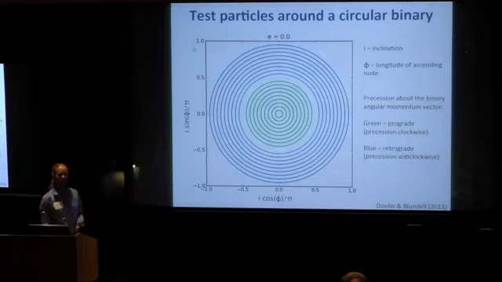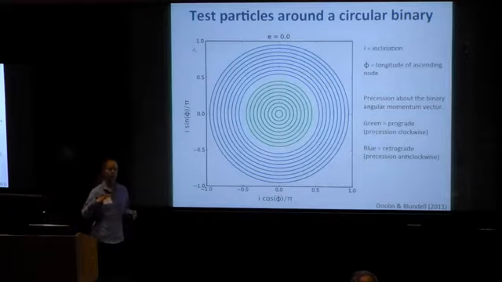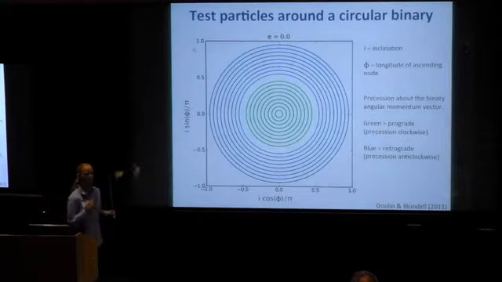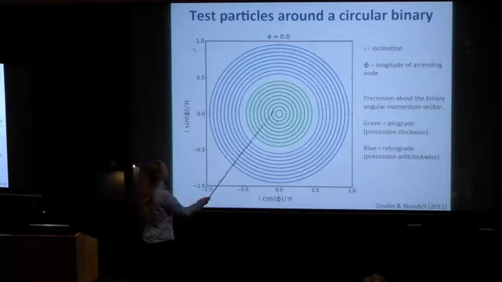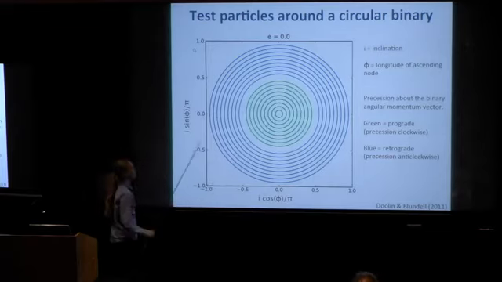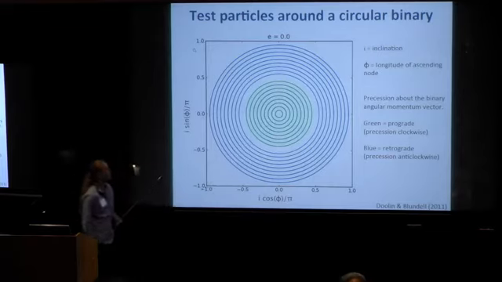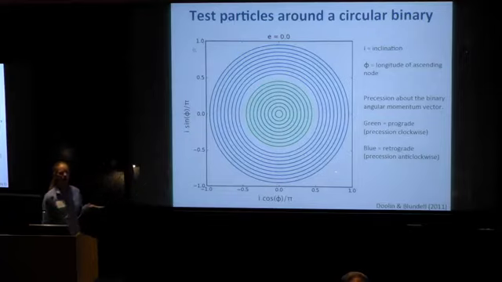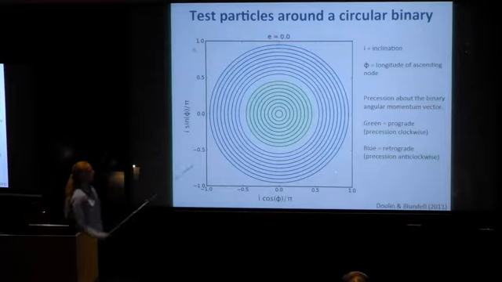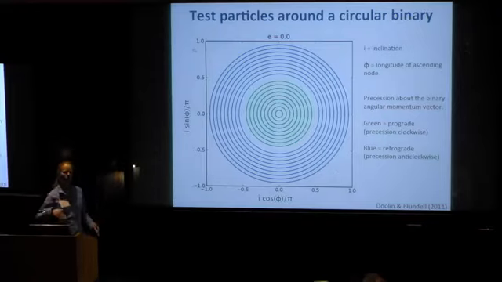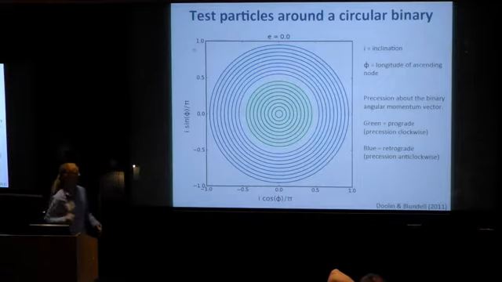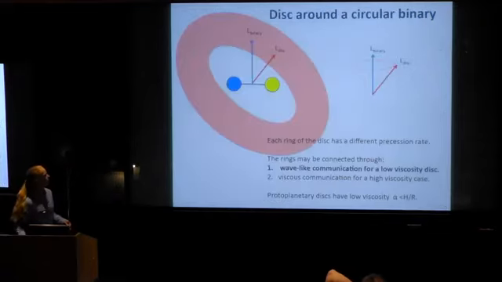For this circular binary, the test particles simply precess with the same inclination. So constant inclination leads to just a circle in this diagram. The green orbits are orbits that are closer to alignment, so the orbit precesses about the angular momentum vector, and the blue orbits are orbits which are closer to counter-alignment, so they precess about the negative of the angular momentum vector.